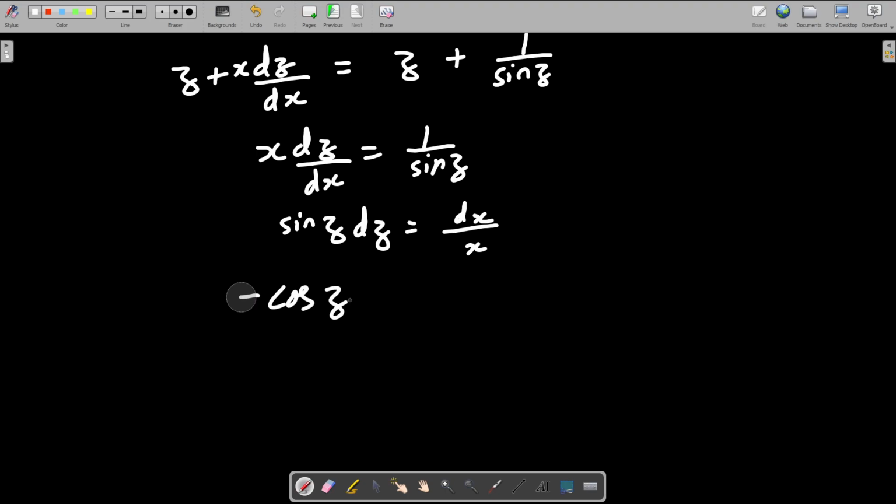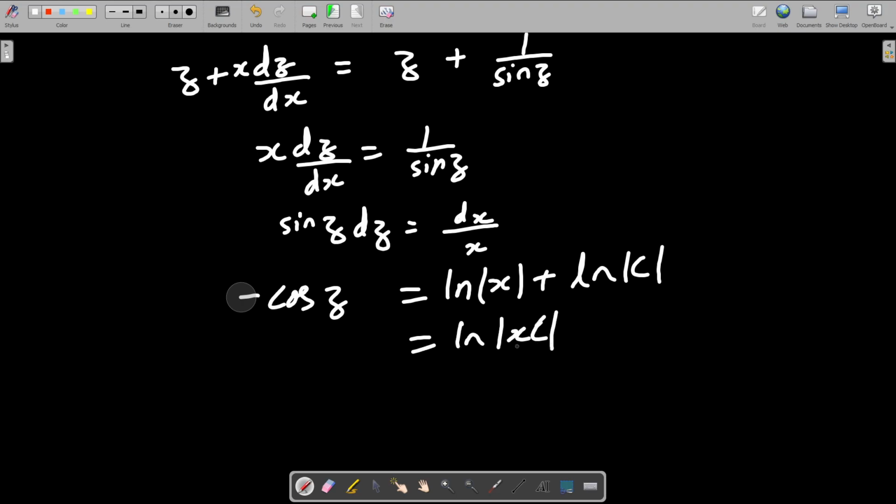Minus cos of z is equal to ln of modulus of x plus ln of c. Resubstituting, we get minus cos of y by x equals ln of x plus ln of c. So this is your final answer.